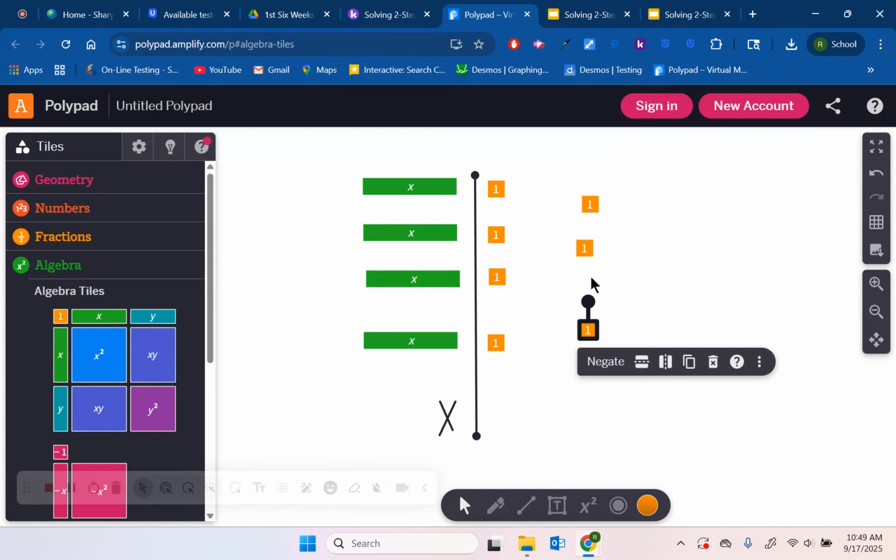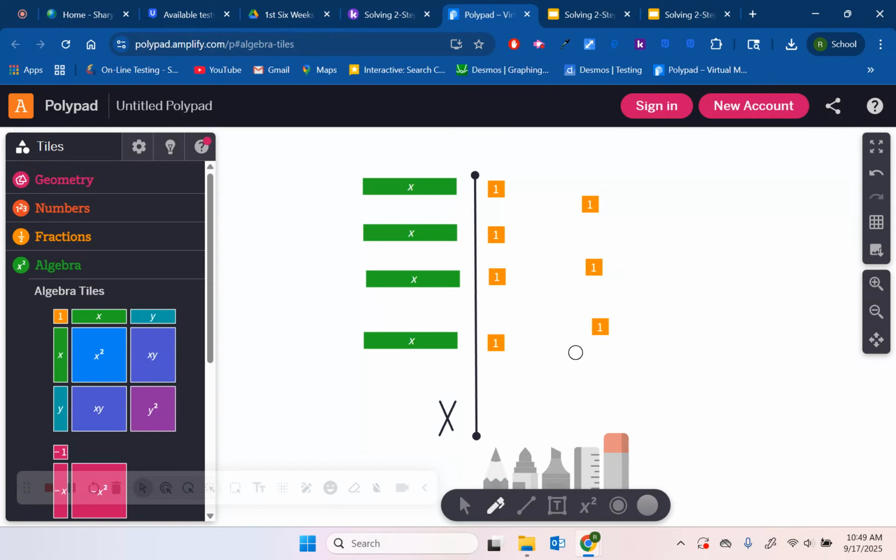So now the question is, okay, I got this value and I need to divide it into 4 parts. So what do I do with this 1? Well, I can cut it into 4 little parts. 1, 2, 3, 4. And give each one a fourth of this one. You get a fourth, you get a fourth, you get a fourth, you get a fourth. Cut this guy into 4 parts as well.